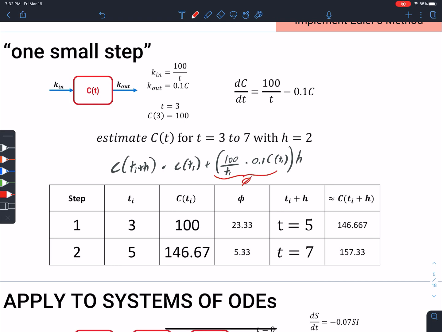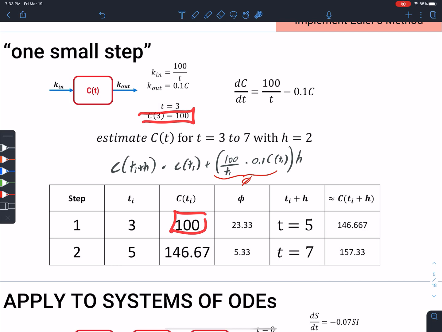So let's apply the Euler method to solving this particular compartment model. The first iteration, iteration 1, is essentially given. We're given a starting point of time equals 3, and we're given the value of the function at that time.